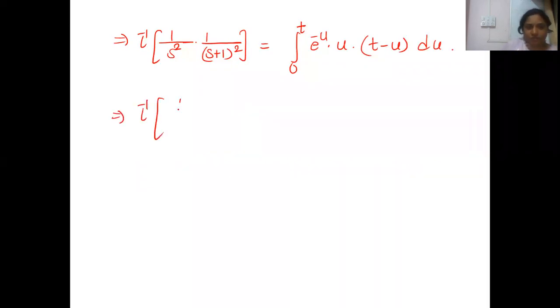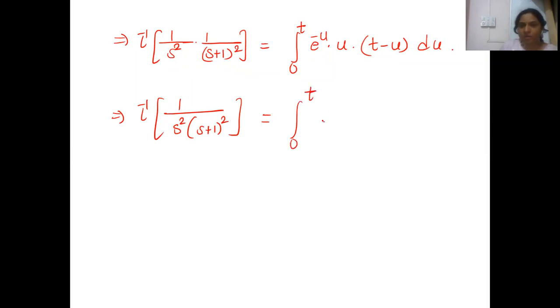So the Laplace inverse is equal to integration 0 to t e raised to minus u, I'll multiply it inside. Can I do that? Yes. u t minus u square.